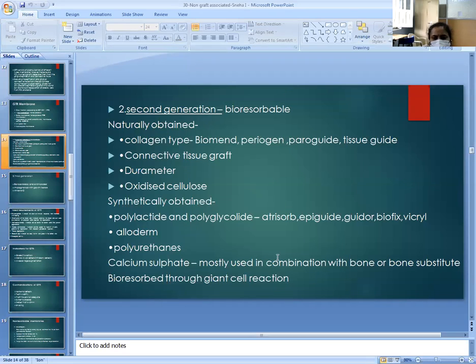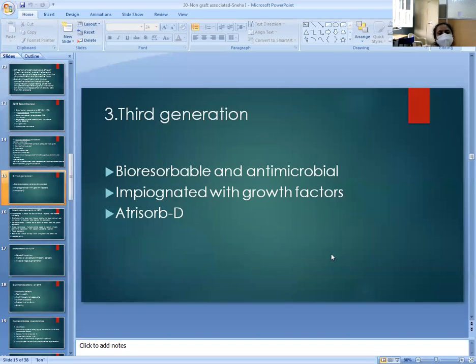The disadvantage with second generation membranes is that they are not stiff because no metal is incorporated. So they collapse, and clot stabilization or wound protection is hampered. That is the disadvantage of second generation membranes.